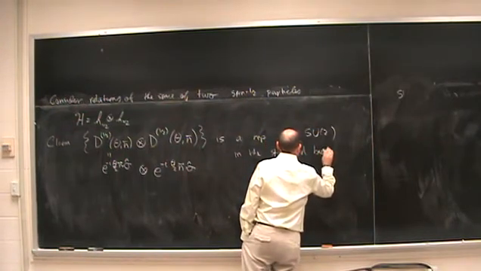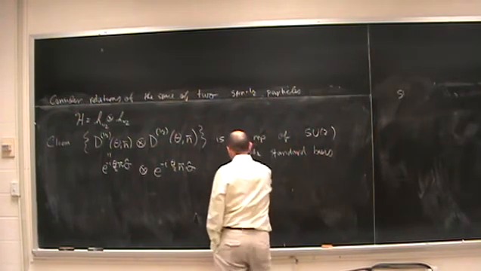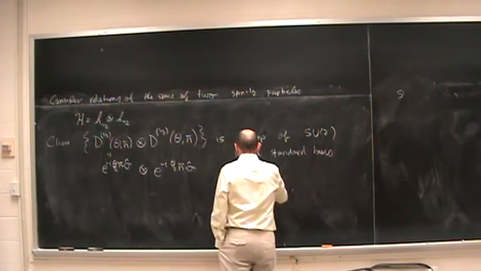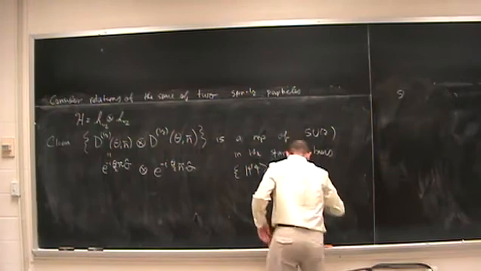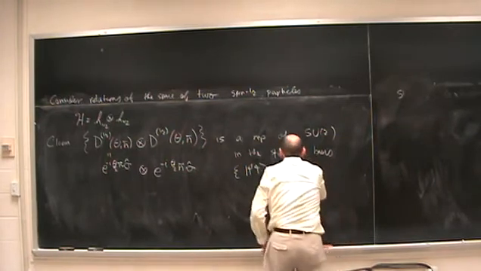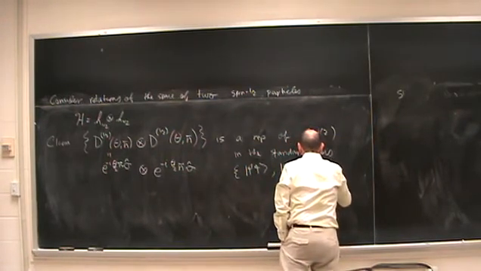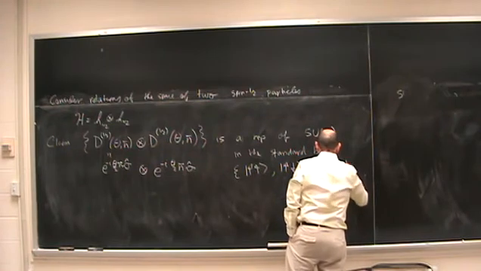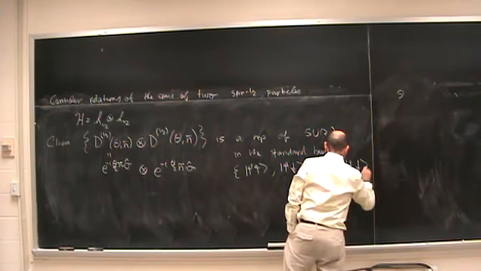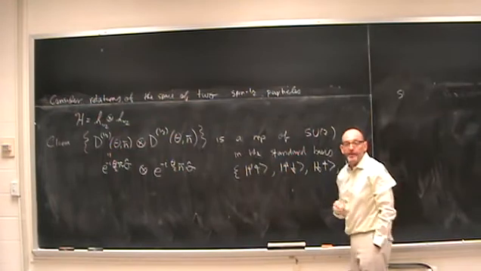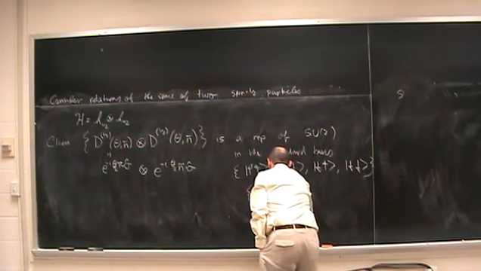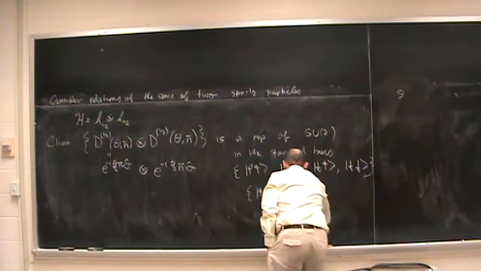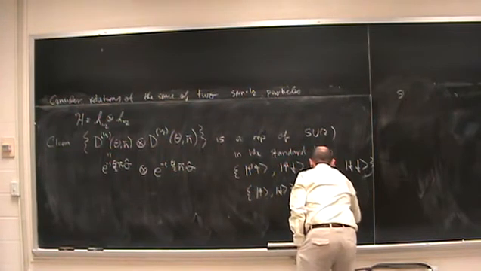The standard basis is the product basis: up up, up down, down up, down down. That's the basis: up, down, tensor with itself.